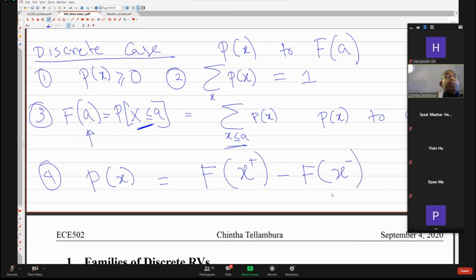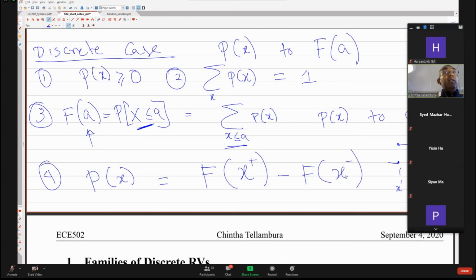The CDF will have a discontinuity at a particular x. This is my real axis, right? The CDF will have a discontinuity because this is a discrete random variable.